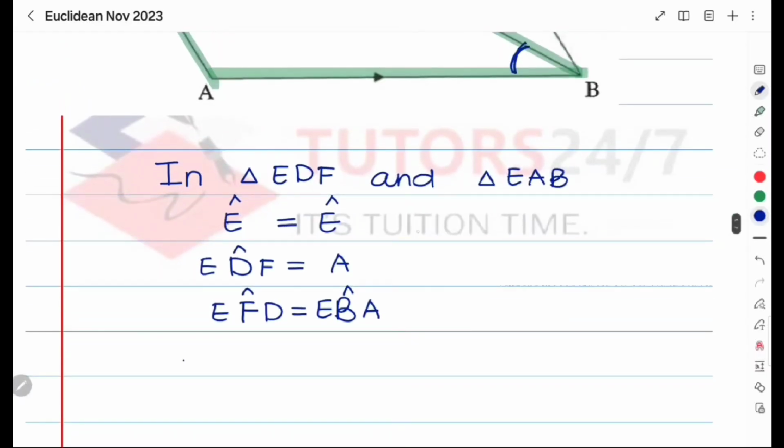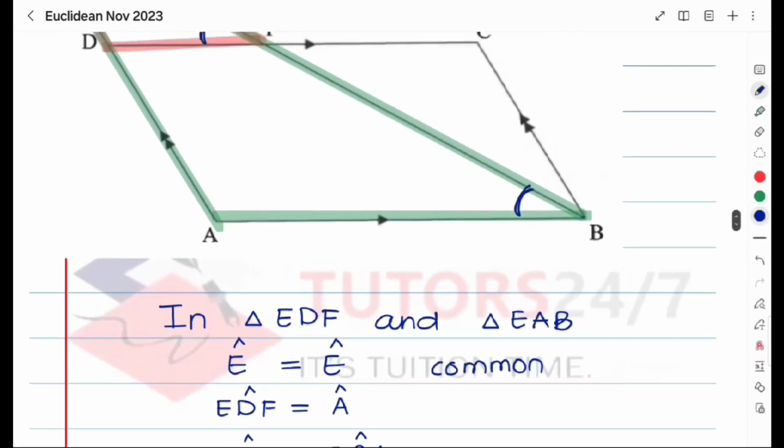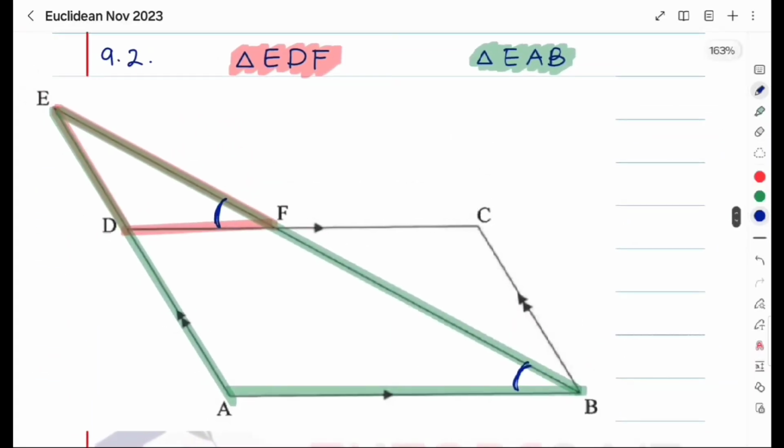Now, angle E is equal to angle E. That is common. Anytime two triangles share the same angle or the same line, the reason as to why they are equal is just because it is common. Now, let us go and identify why is EDF equal to A. So EDF, that is this angle over here.